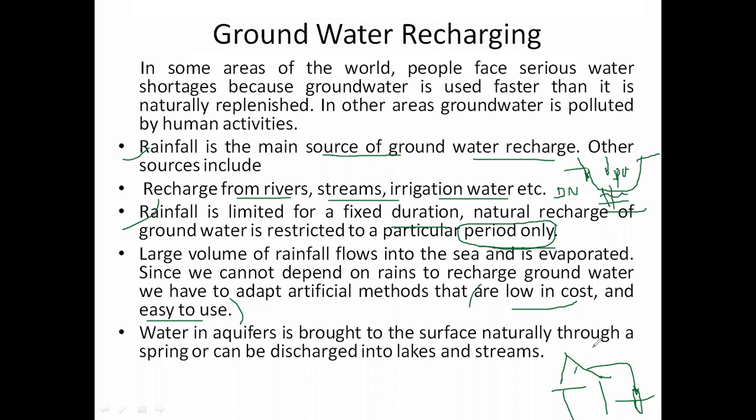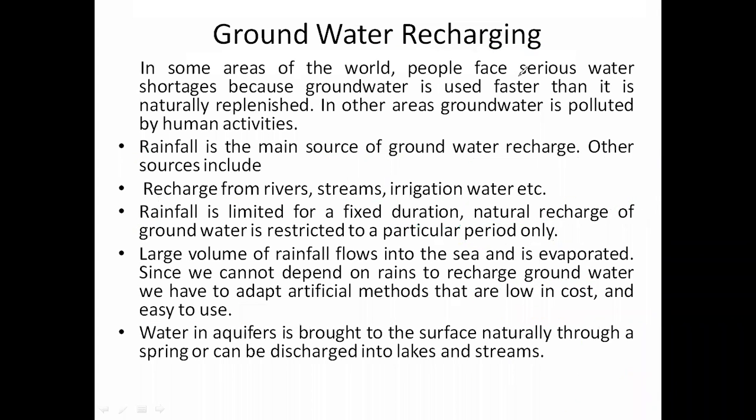So all the rain coming onto the roof is made to go directly near your borewell. Okay, this is called rainwater harvesting. This is a low-cost method we try to use to recharge the groundwater. Okay, so we'll try to move on quickly.